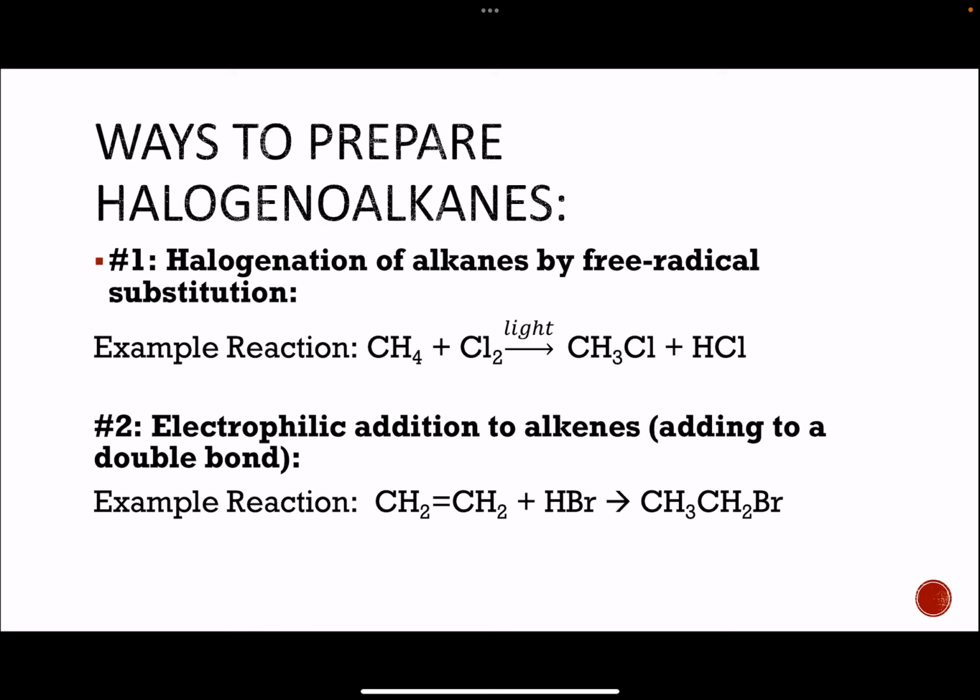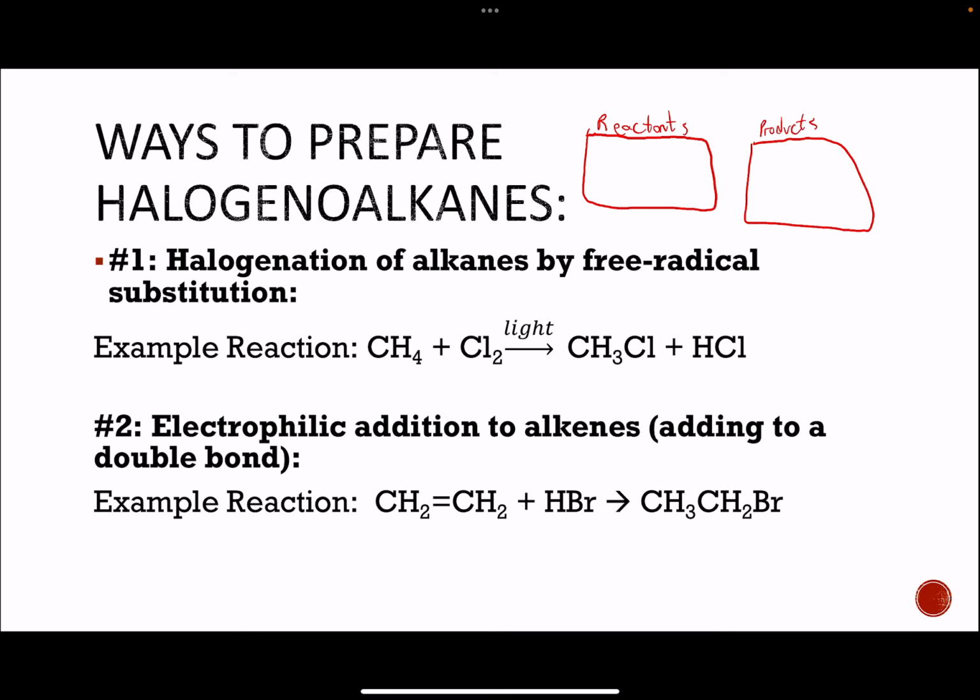This is review, but you're going to want to write down on a flashcard how to prepare halogen alkanes. On the front of your flashcard, you would want to put your reactants, and on the back of your flashcard, you would want to put your products.